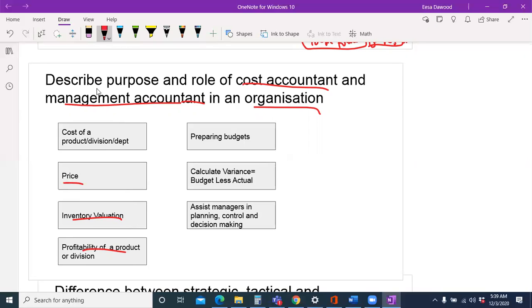So here I will describe the purpose and role of a cost accountant. Just think very practically: if you were working in the budgetary and planning department, this is all you'll be doing.